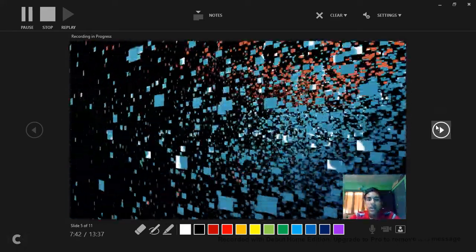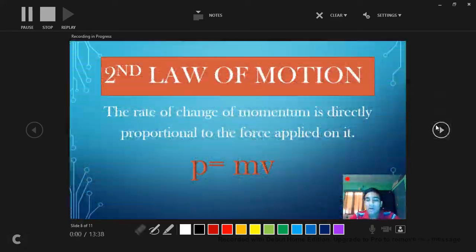Now we'll start the second law of motion. Before starting the second law of motion, I want to introduce momentum. Momentum is a very easy topic.